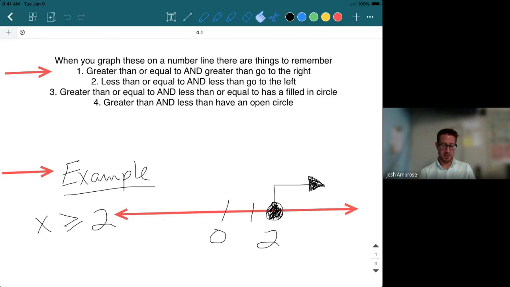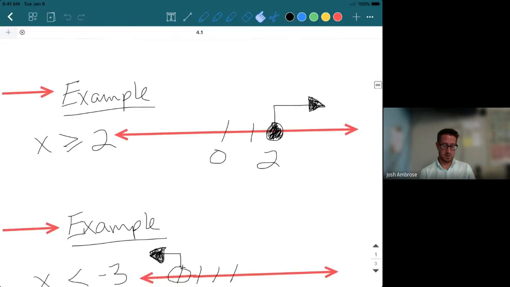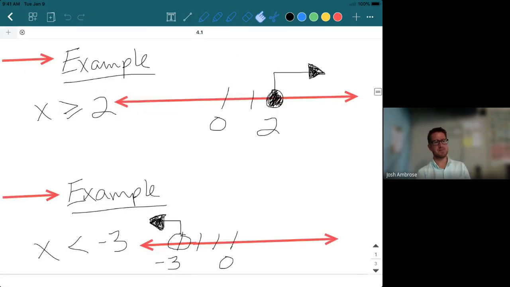You can see one of these examples that I wrote here. We have x is greater than or equal to 2. Or equal to means fill it in, above the number 2, greater than, go to the right. When you create your own number lines, a key thing is you have to have arrows at both ends to show that it goes to infinity in both directions.